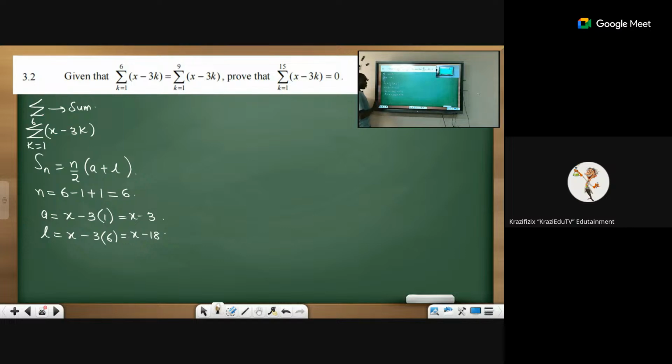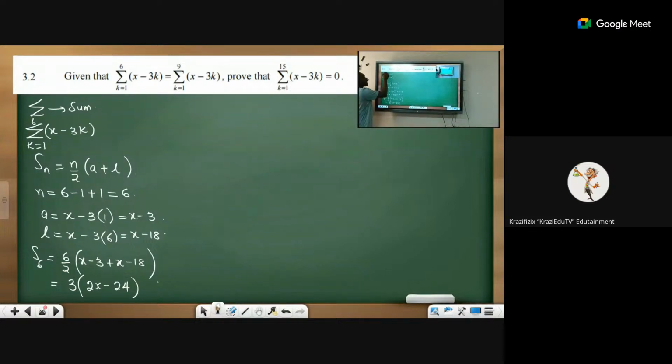Right. So what is S6 going to be? 6 over 2 (x minus 3 plus x minus what?) Do we agree? a plus L. All right. Let's simplify this. Oh, this is 3. I'm writing 6 over 2. 3 (2x minus what?) 24.